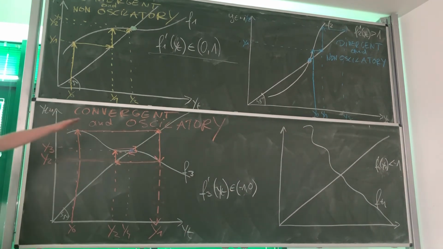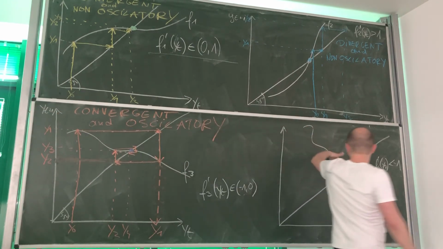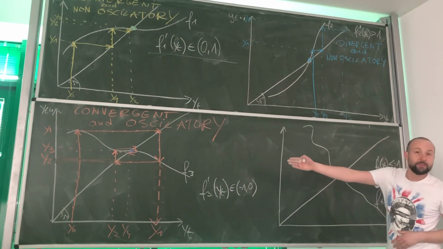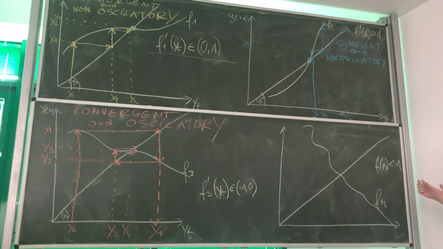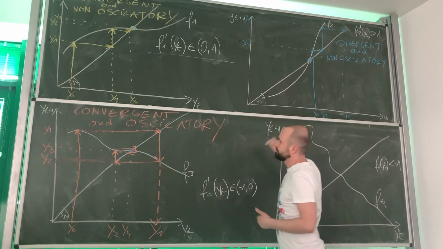What does it mean? It means now that the function is falling faster than this one, right? And let's see what the consequences of that are.